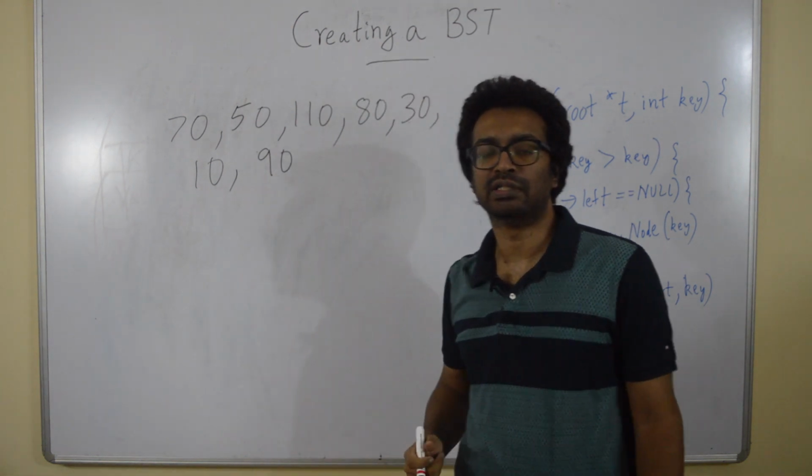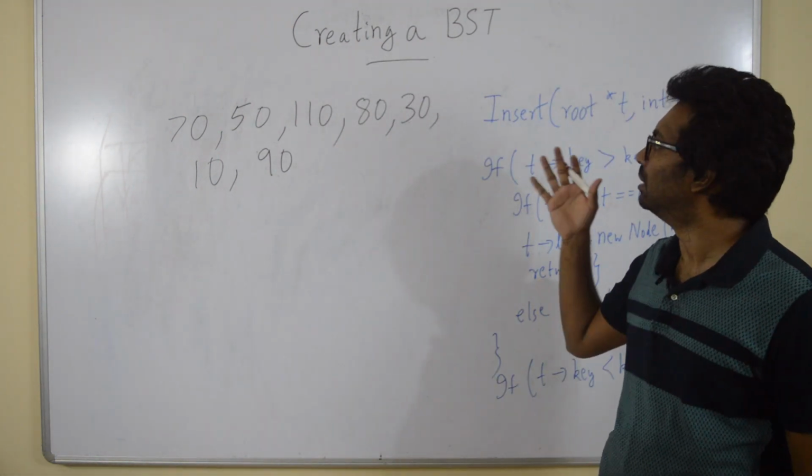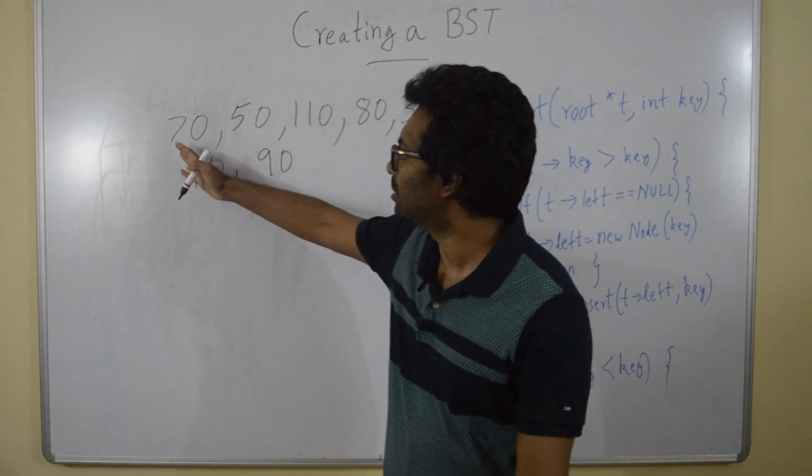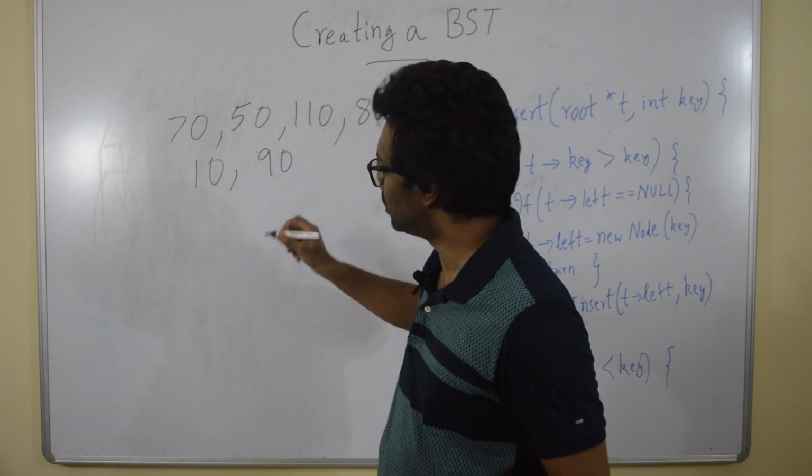Let's see. I'm going to insert these numbers in sequence. So right now, there's no element in the tree. So I'm going to first insert this number 70. So 70 comes here.